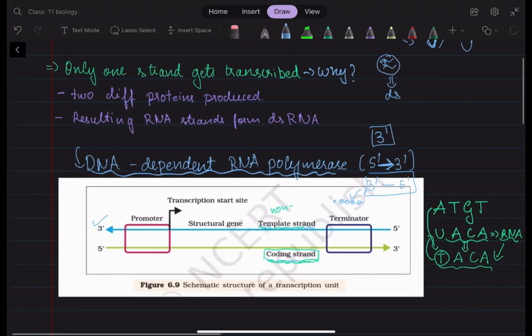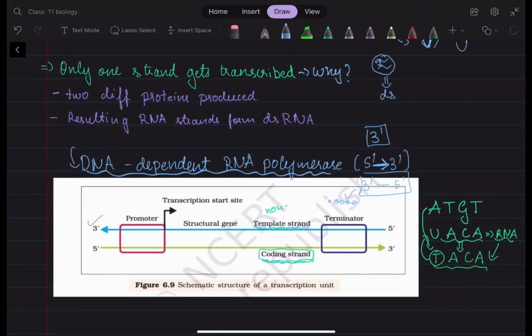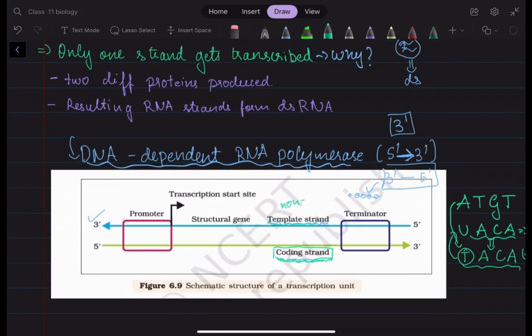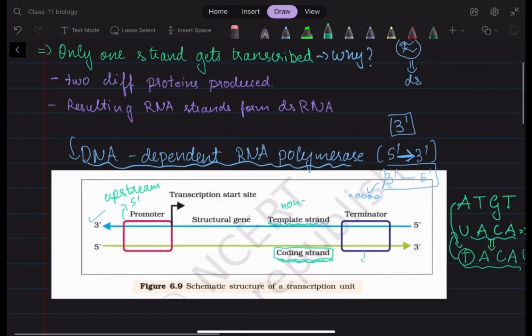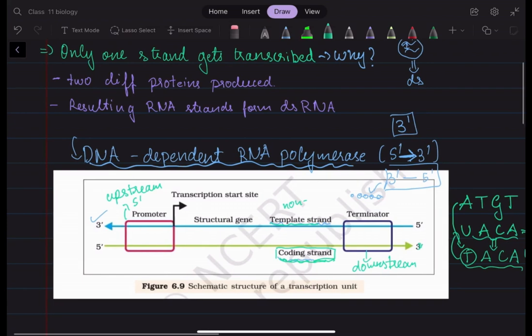Also, one thing about the location of the promoter and terminator is that we say the promoter is present in the upstream part, that is the 5' end of our coding strand, and the terminator is present in the downstream part, that is the 3' end of our coding strand.